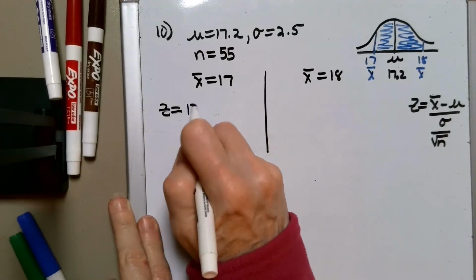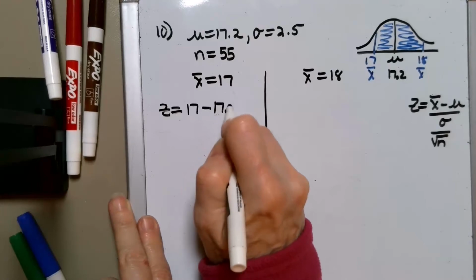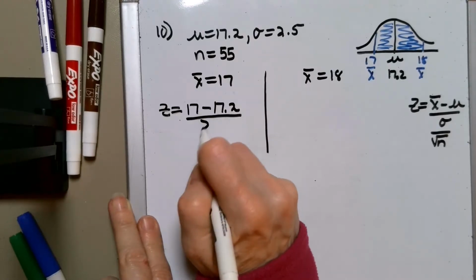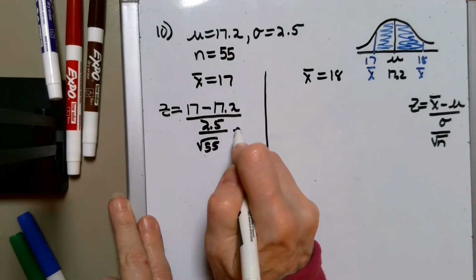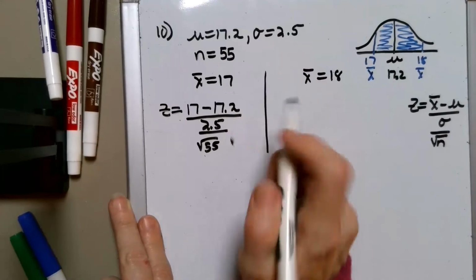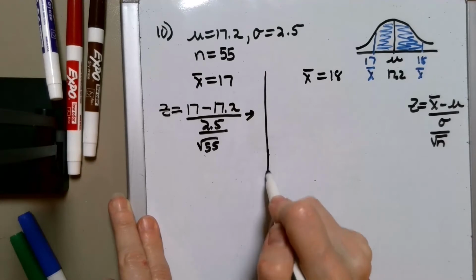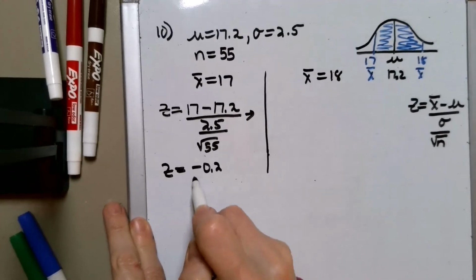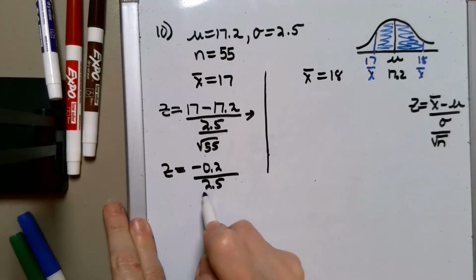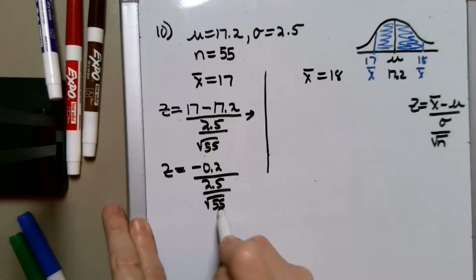So we're going to take x bar 17 minus mu 17.2 over sigma 2.5 over the square root of n, 55. This should be negative because we're to the left of the mean. So this is negative 0.2 over 2.5 over the square root of 55.